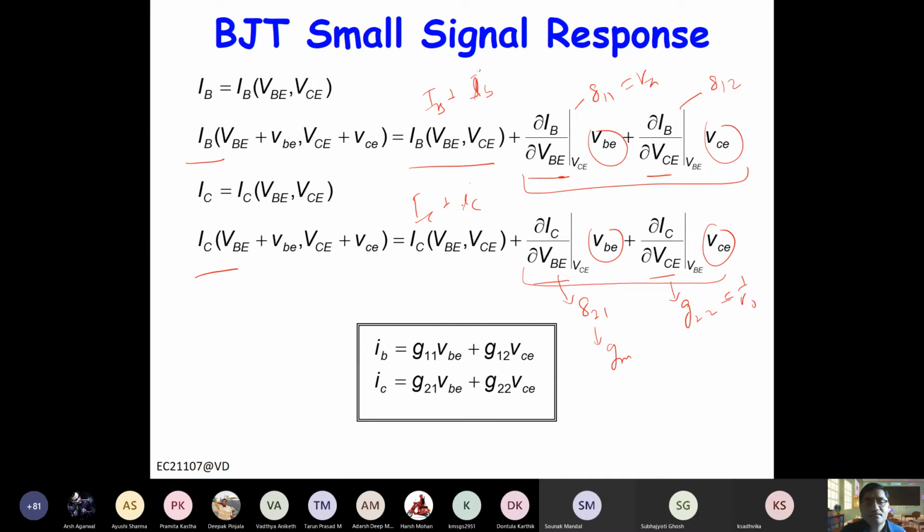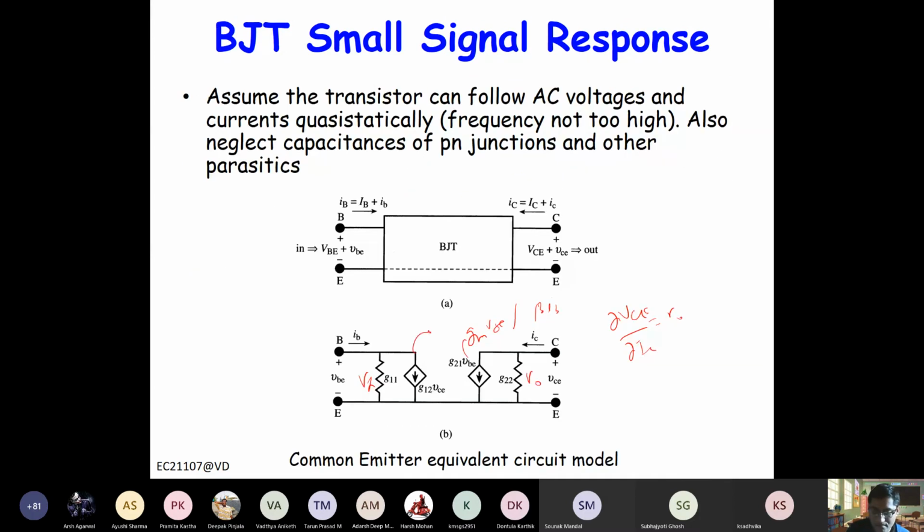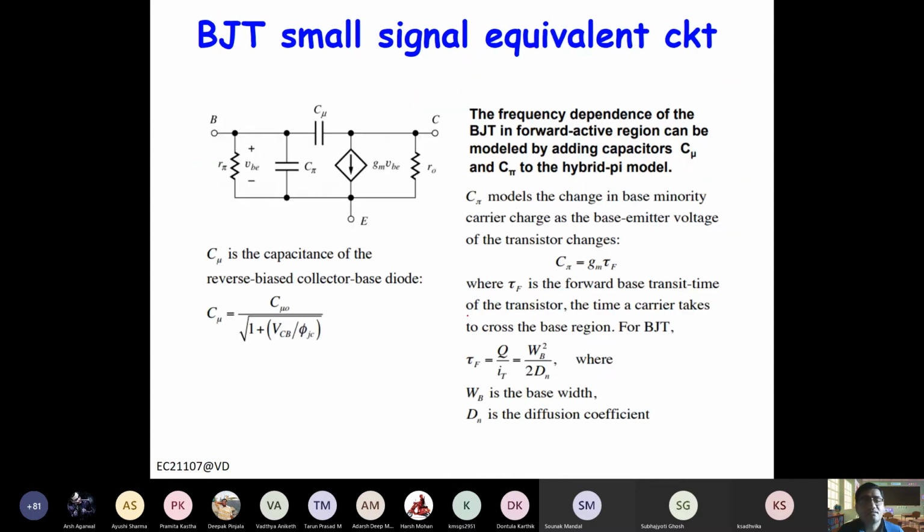Sometimes there's one more parameter, because this base collector junction is reverse biased, so we have a capacitance here, right? So if you write this equivalent circuit, you can also estimate the value for this C mu. Now C mu is basically your base collector junction, right?